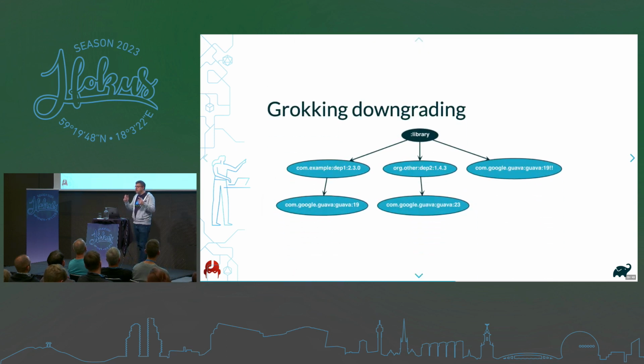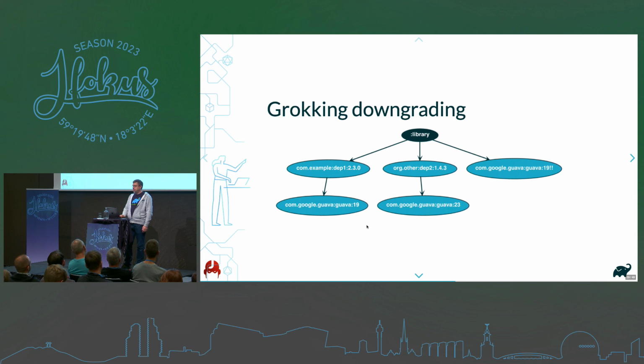So what do I mean by downgrading and this whole graph thing? Here, again, is a fake dependency graph simplified to be understandable, but you've got two dependencies, both of them requiring Guava. Guava had a history of having breaking changes between releases in some part of their API, so it's really tough to understand which one you need exactly.